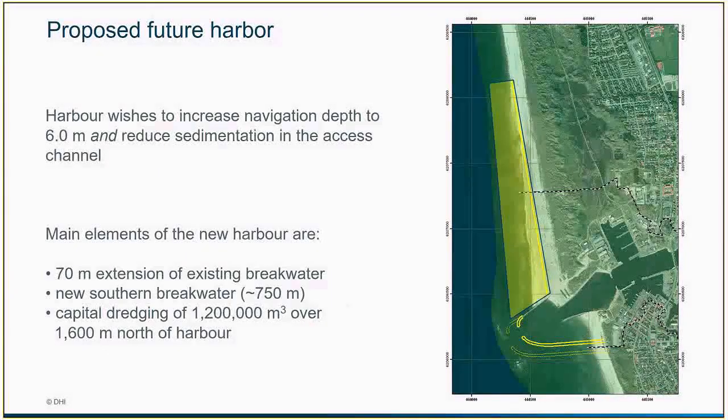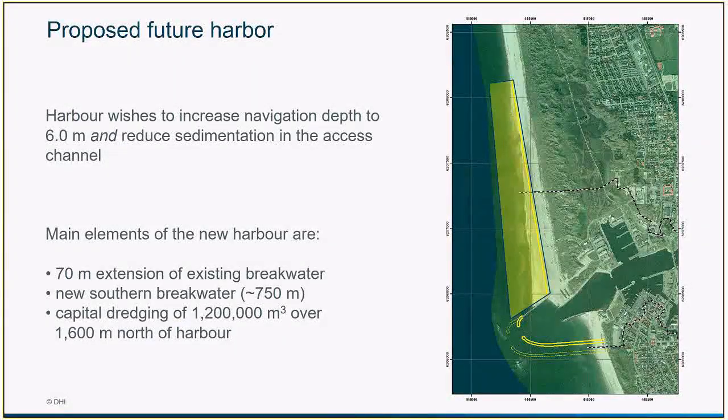Once we've calibrated our model, we're ready to test some potential new designs. And this is what DHI has proposed. Basically, the existing breakwater has been slightly extended and curved in order to increase the bypass, and another breakwater has been constructed south of the port in order to have this double breakwater shape that is well streamlined and that will be able to bypass sediment and minimize sedimentation in the channel.